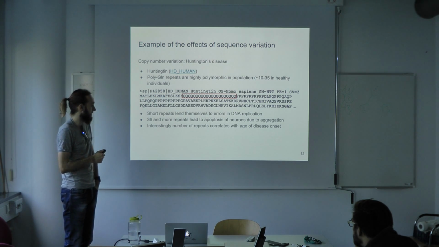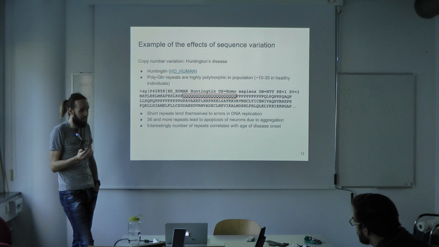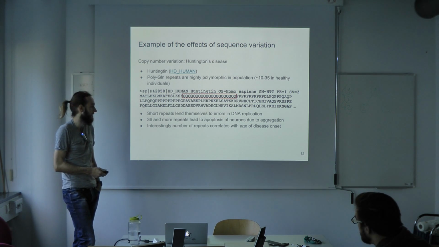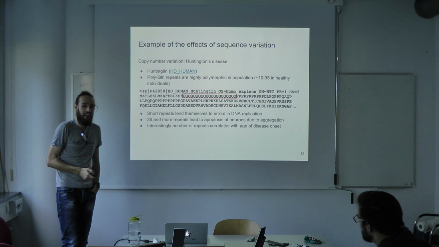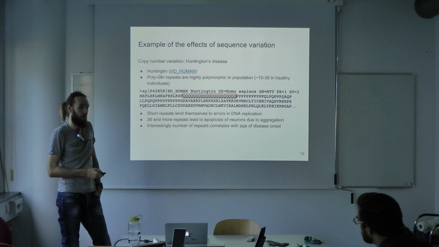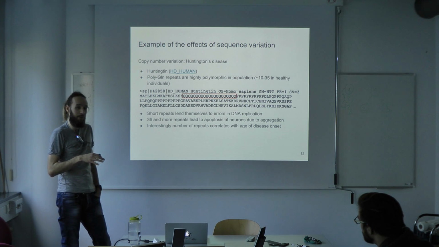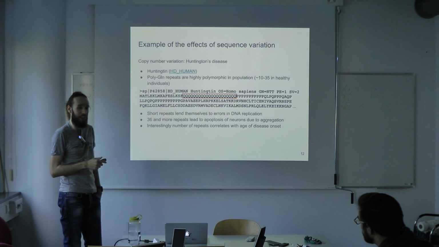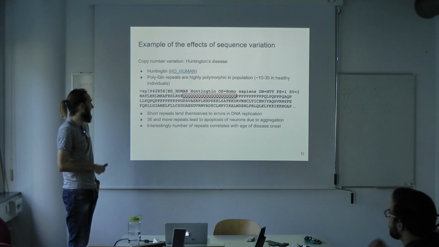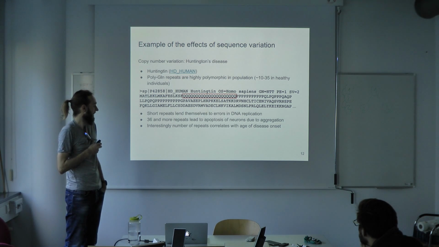The protein also kind of starts aggregating in neurons, and then the neurons die, and that is not so good. But how exactly it works, we don't know. But it's interesting that up to 35 you're relatively fine, but once you overdo it, you will get issues. So it's really just the amount of how often you repeat this glutamine which affects it.